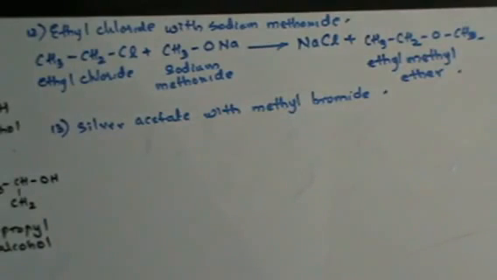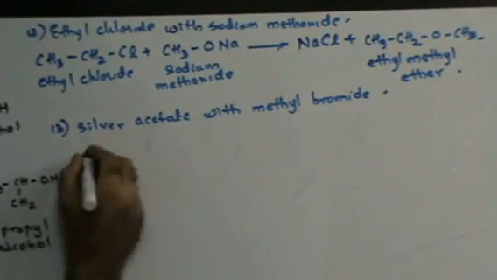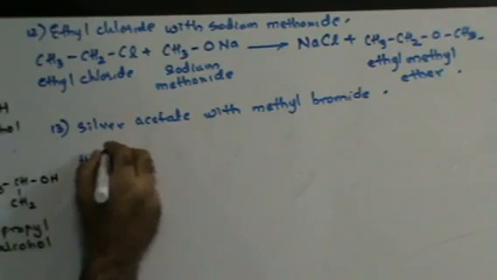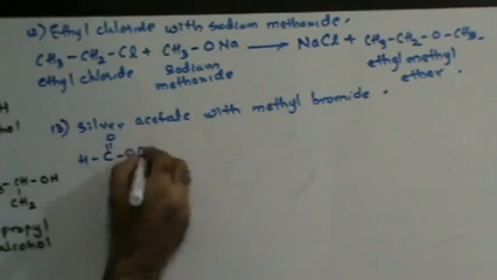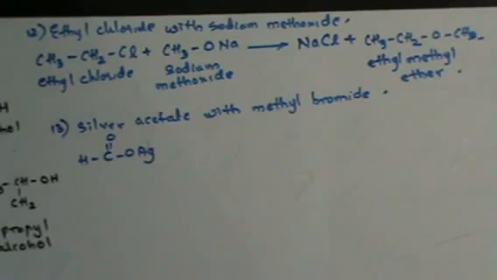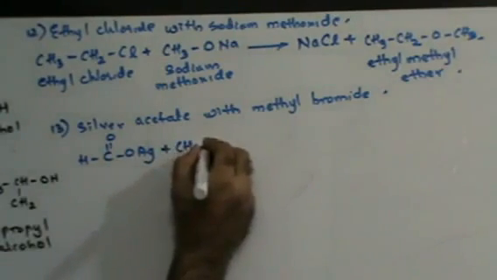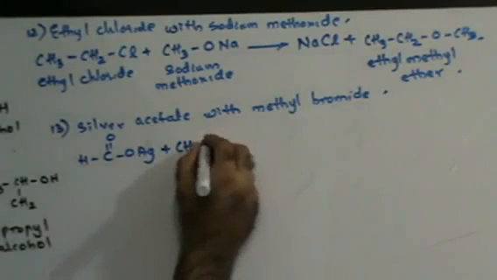Silver acetate with methyl bromide. So acetate group is HCOO. This is my silver acetate, right? Reacts with methyl bromide, CH3Br.